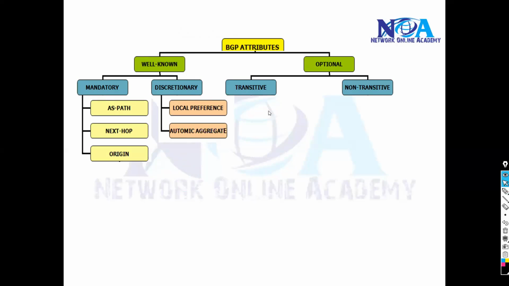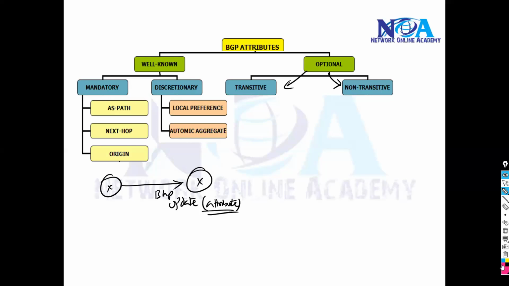Likewise, we have another classification called optional transitive and optional non-transitive. The basic difference between these two is this: whenever a router sends a BGP update, the receiving router gets some attribute information along with that update.